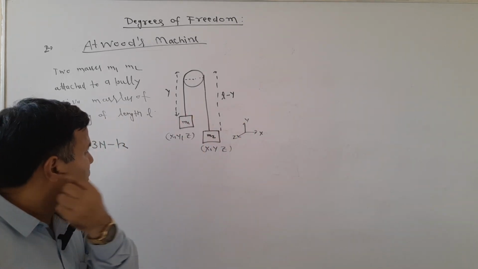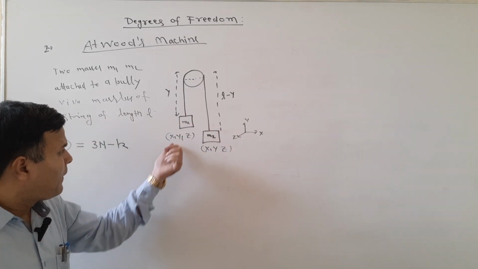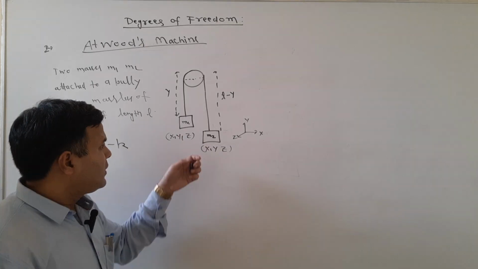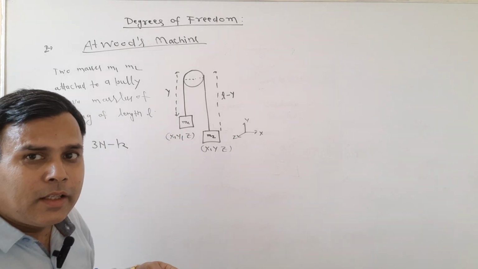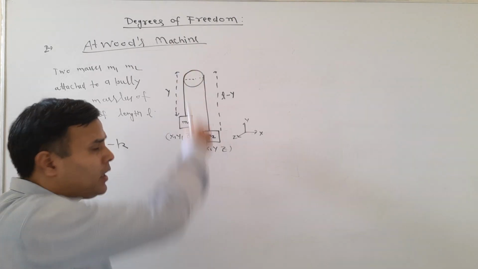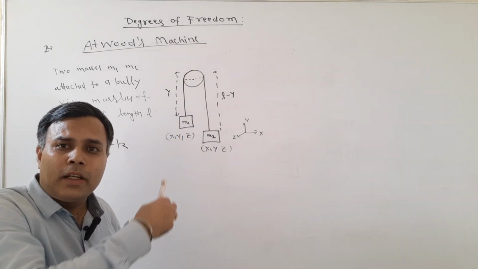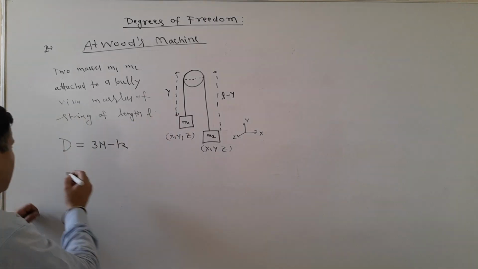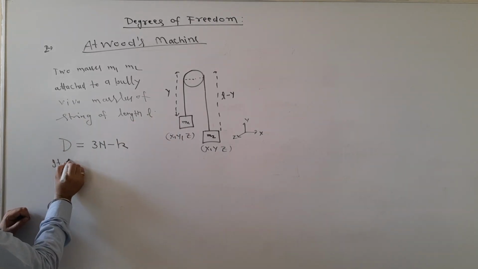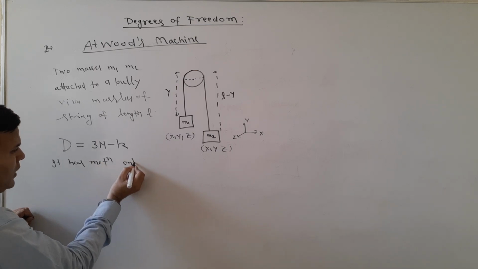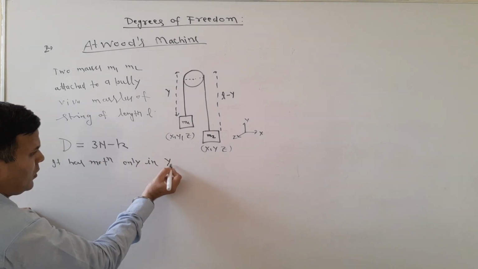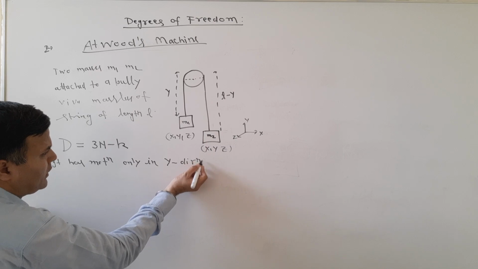So what are the equations of constraints? From the figure we can understand that the motion is only in the vertical direction, which means it has motion only in the y direction.